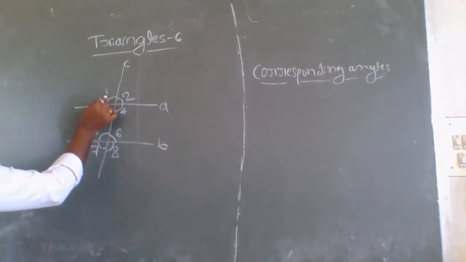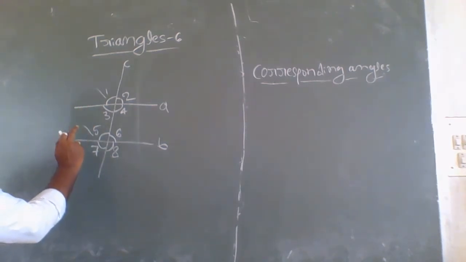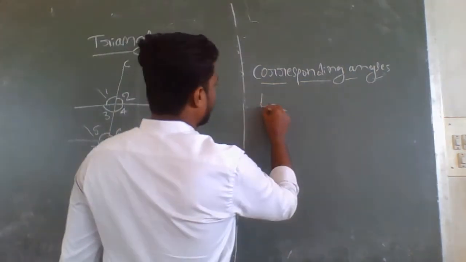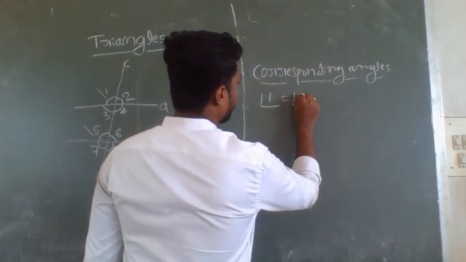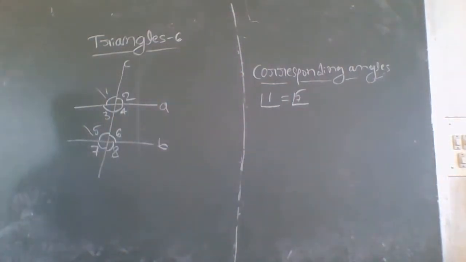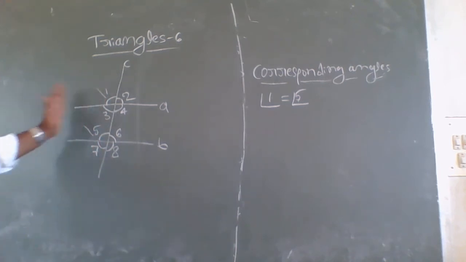Angle 1 is in the upward direction and in the left part of the intersection. Like this, angle 5. Therefore angle 1 is corresponding to angle 5. Angle 1 is equal to angle 5 because these are in the same direction and in the same part of the intersection, the left part.